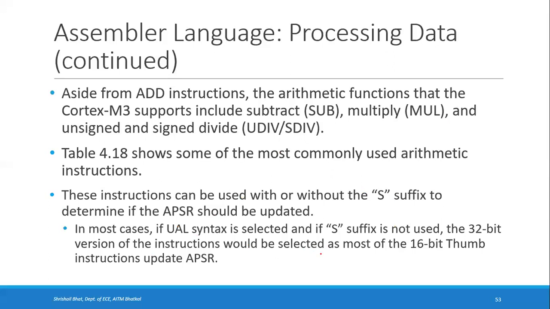Because normally 16-bit instructions all update the APSR, but only in 32-bit instructions do you have the choice not to update the APSR. So whenever you do not suffix with S, normally the 32-bit instruction will be selected and the flags will not be updated.